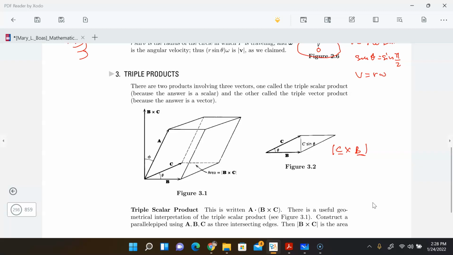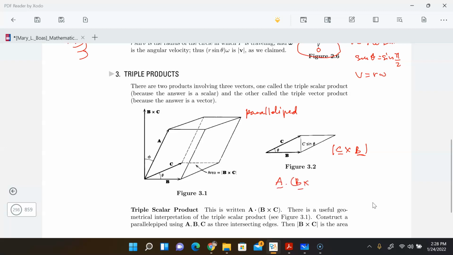Then if you really want a three-dimensional version of this, it is what we call a parallelepiped. That means there will be some vector here that defines the other dimension of the sides of the parallelepiped, and to get the whole volume you just multiply this vector with this base, in this triple product sense.